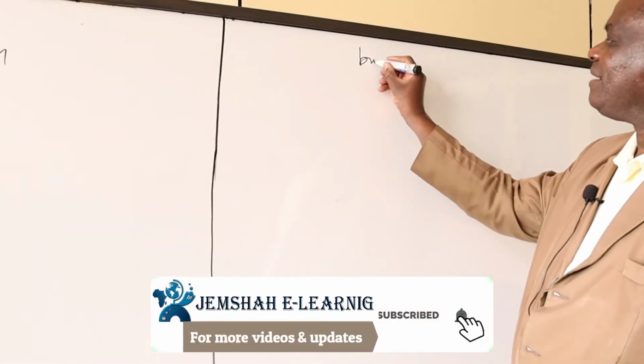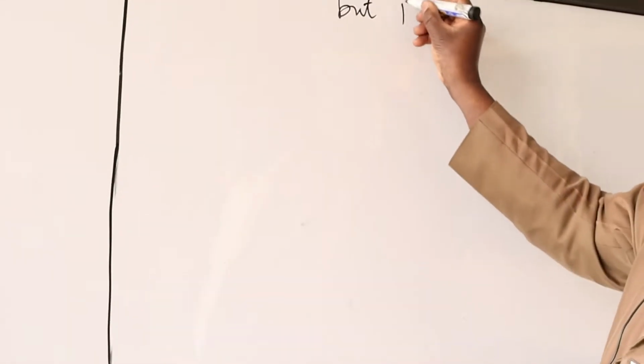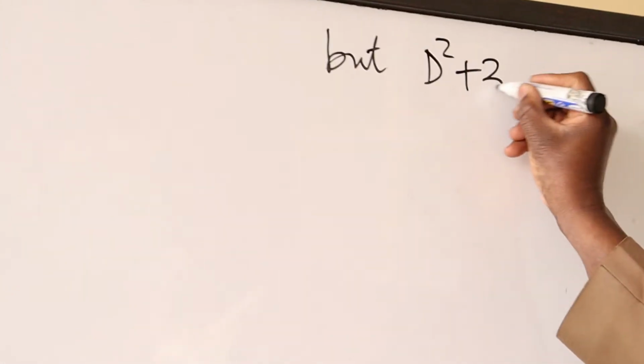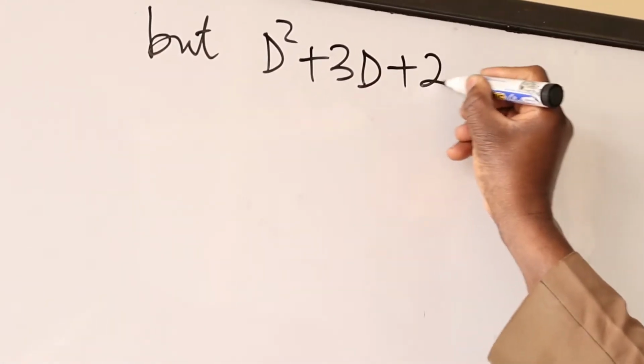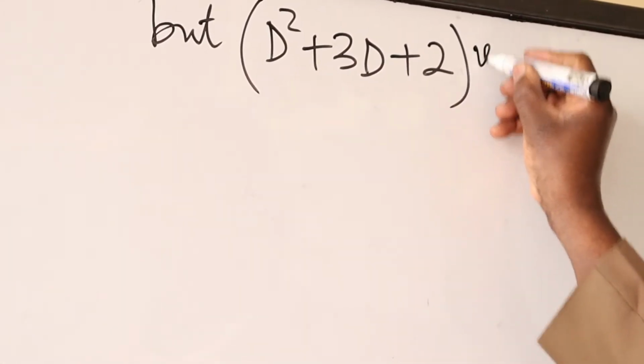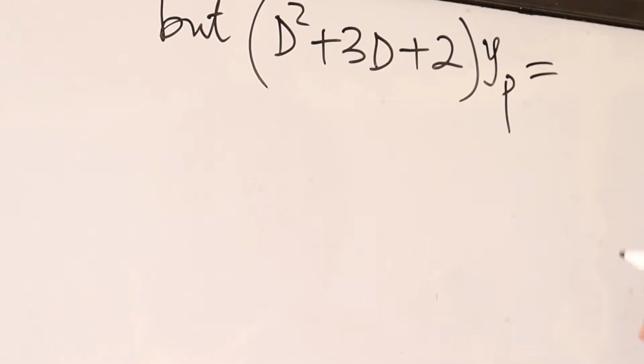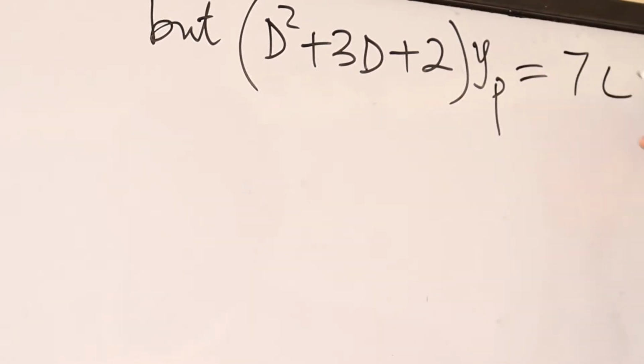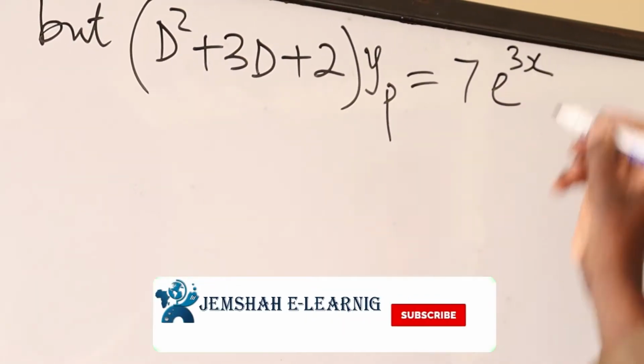But we know something: d squared plus 3d plus 2, when this one acts on yp, it is the one to give us what? 7 exponential 3x.